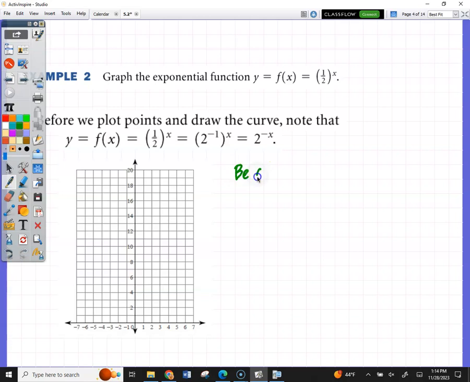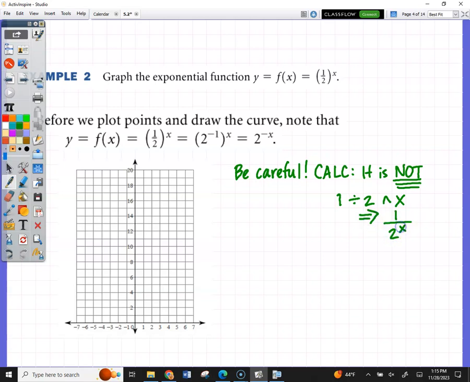Be careful. What I mean by be careful, in the calculator, it is not 1 divide 2 caret x. Do not type 1 divide 2 caret x, because if you do that, I'm going to draw an arrow to say, if you type that, that is actually 1 over 2 to the x power.